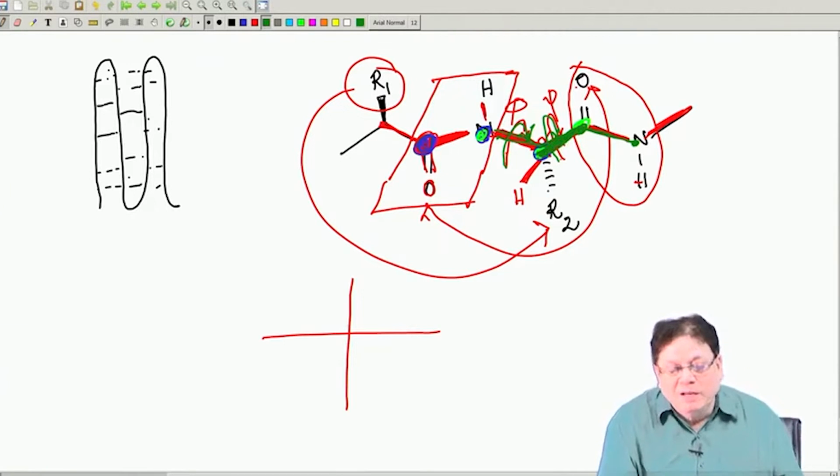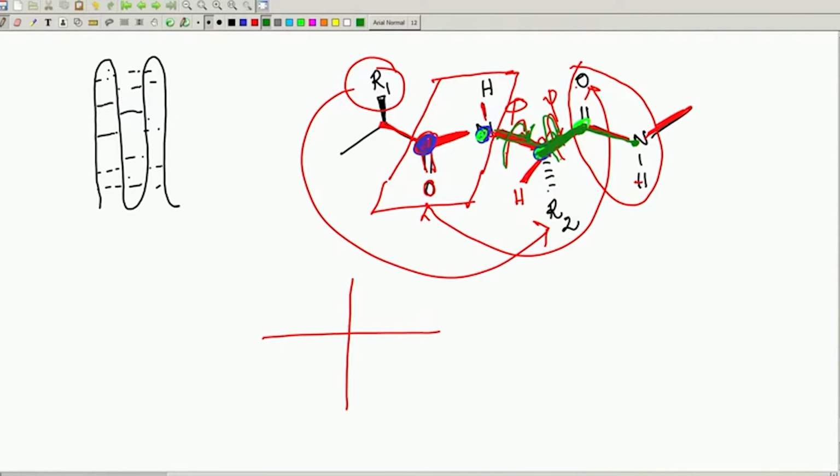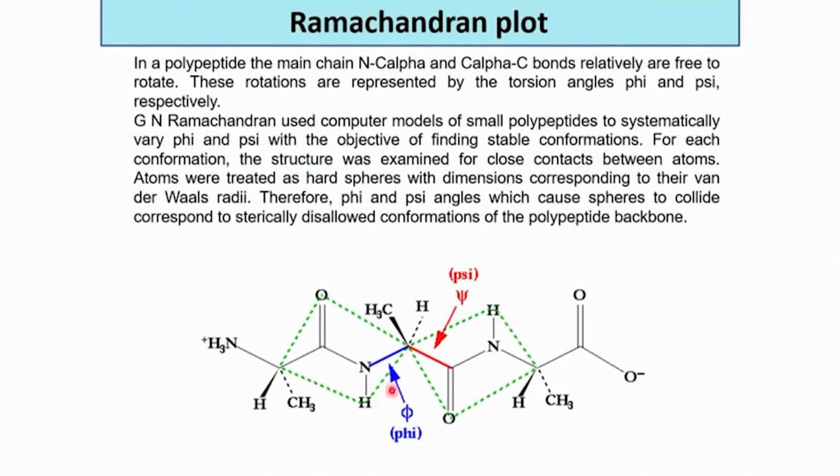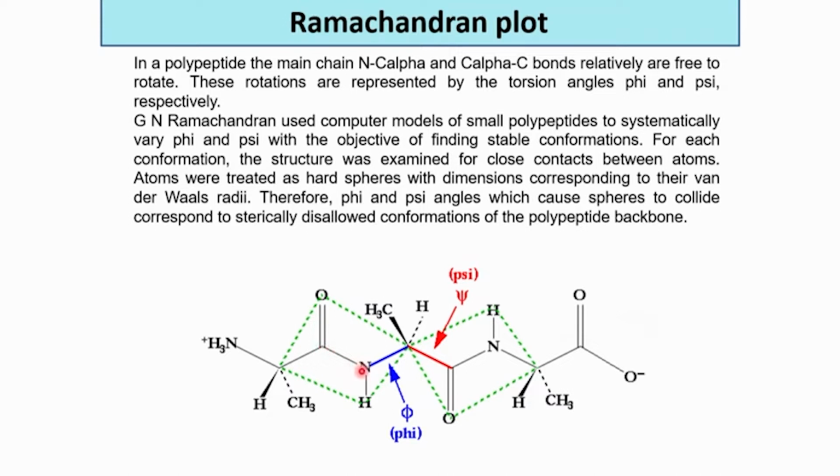Now, let us show you the model, what happens here. Here it is in the slide. If you go to the slide, I do not know how clear it is. It says that this is the psi angle and this is the phi angle, but what I am saying is that actually we should say it is the angle between the plane containing this carbon, this nitrogen, this carbon and the plane containing this carbonyl carbon, this carbon and this nitrogen.